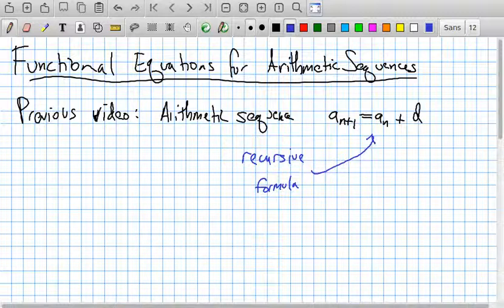Now what we're going to try to do is write it so that it doesn't depend on the previous term. We want to write it just in terms of the position number.